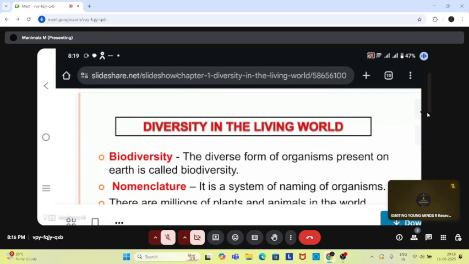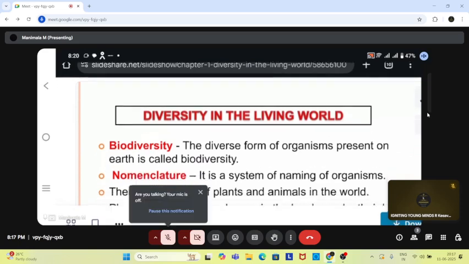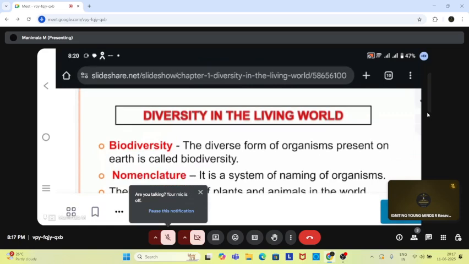We have very dense forests and different areas on our land. Everywhere you observe a greater number and different variety of living organisms. These plants and animals we generally represent as species.